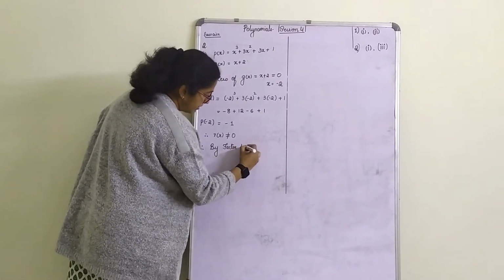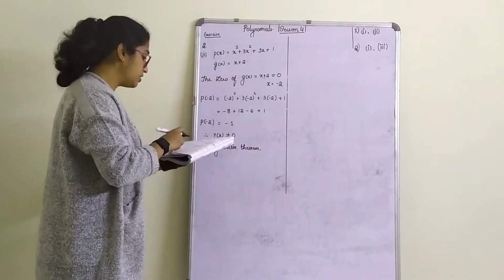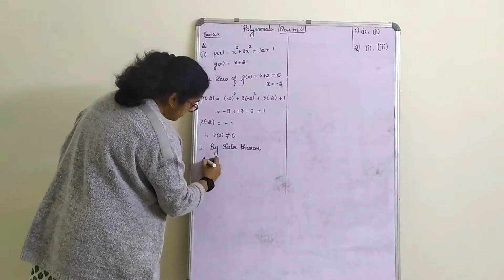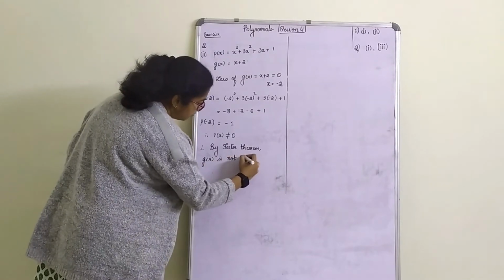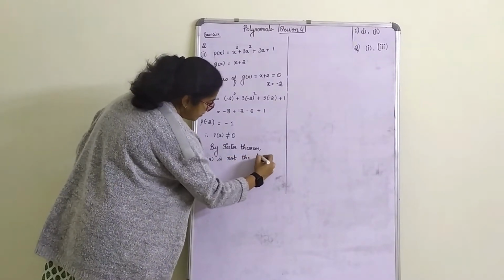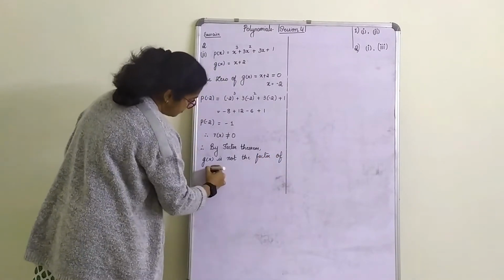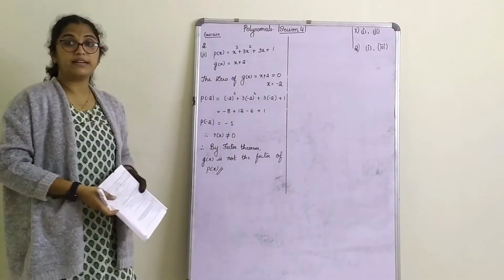By factor theorem, we will give the conclusion only: g of x is not a factor of p of x. Is it very clear?